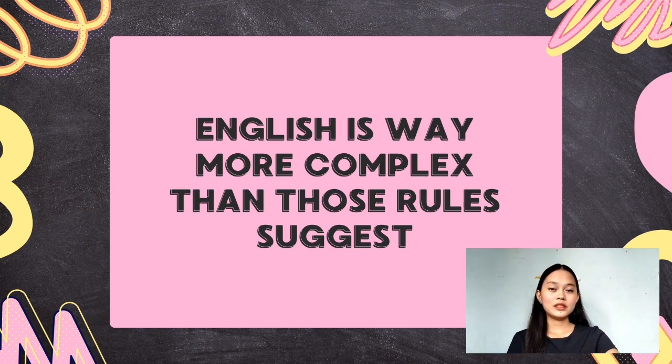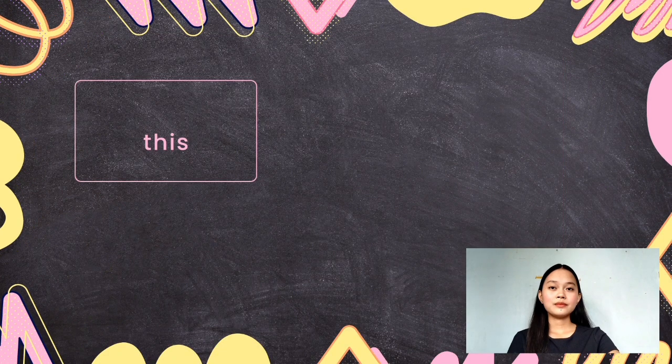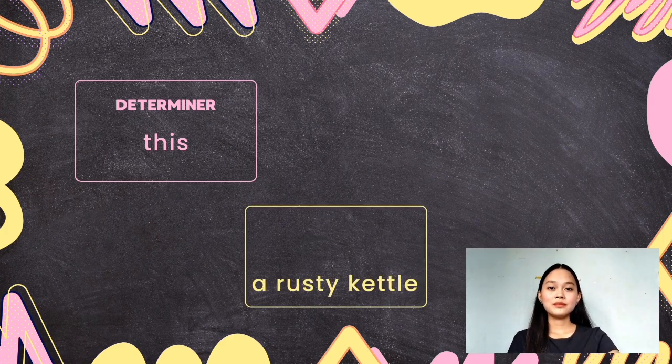For example, the rule for a determiner phrase, as Hannah stated earlier, contains a determiner and a noun. So something like the cat fits perfectly. But what about phrases like this, which is just a determiner, no noun, or rusty kettle, which has a determiner, an adjective, and a noun.